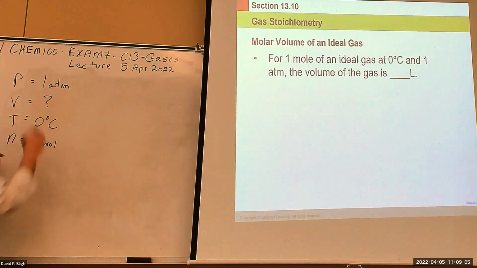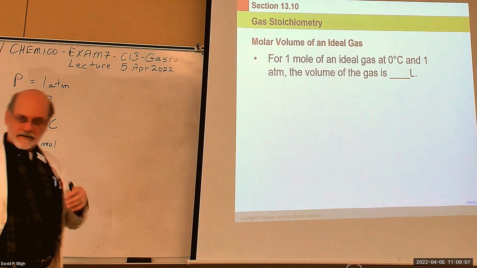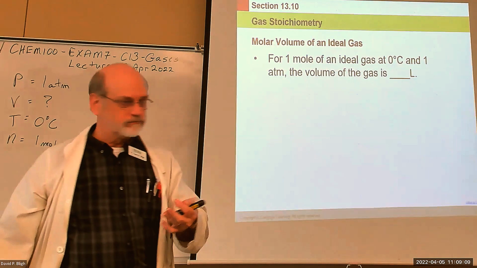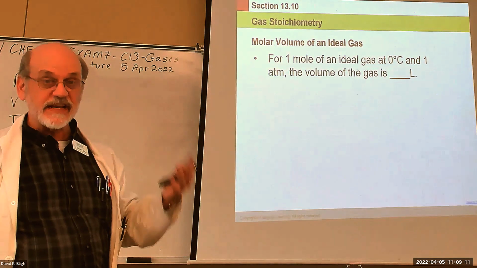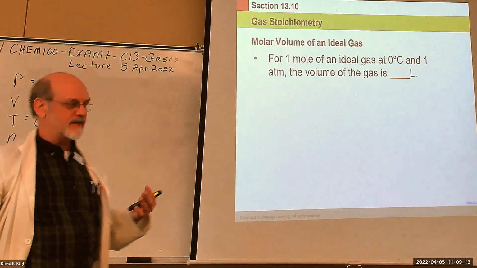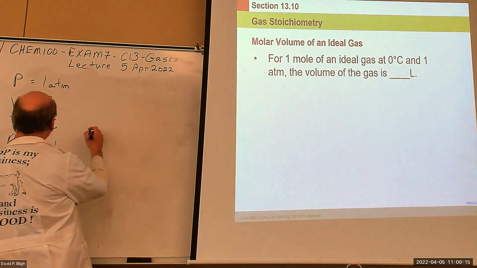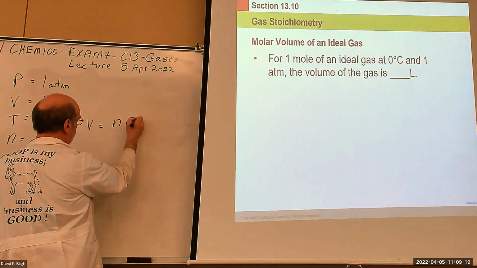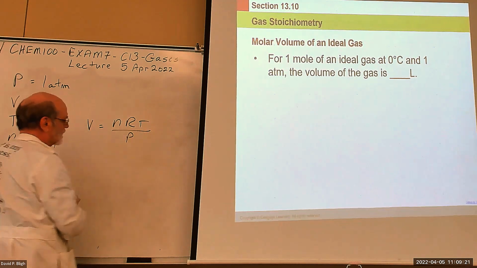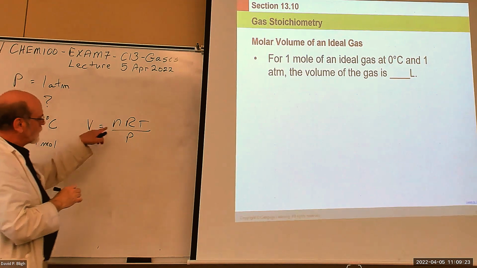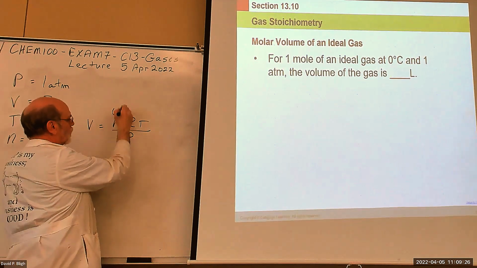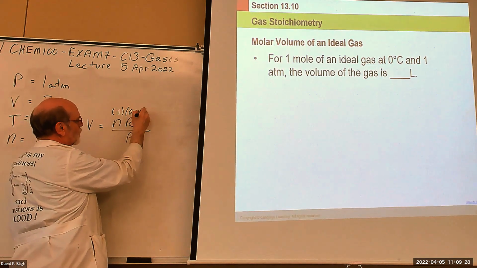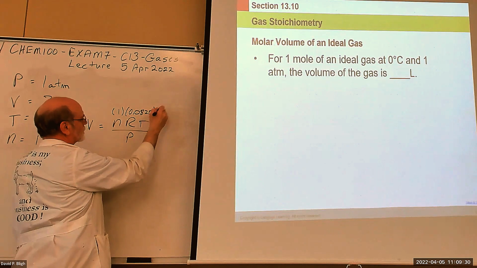What's the volume? Okay? Is this a before and after? This is a state function. We use the ideal gas equation. So we're solving for volume. Right there. So how many moles is it? 1 mole, 0.08206.